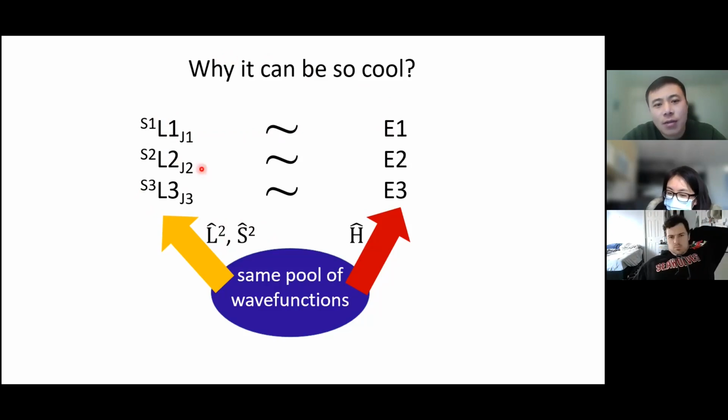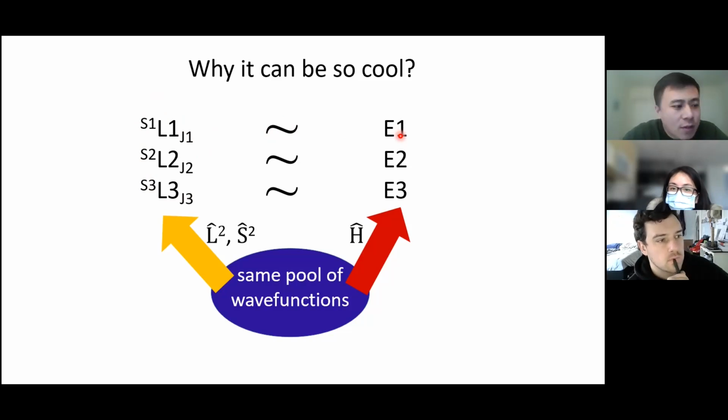So this is the essence of atomic term symbol. Without solving the Schrodinger equation, getting the exact form of the wave functions, we derive atomic term symbols, and we establish direct correlation between atomic symbol and energy levels. Okay, so this is the key meaning of that.